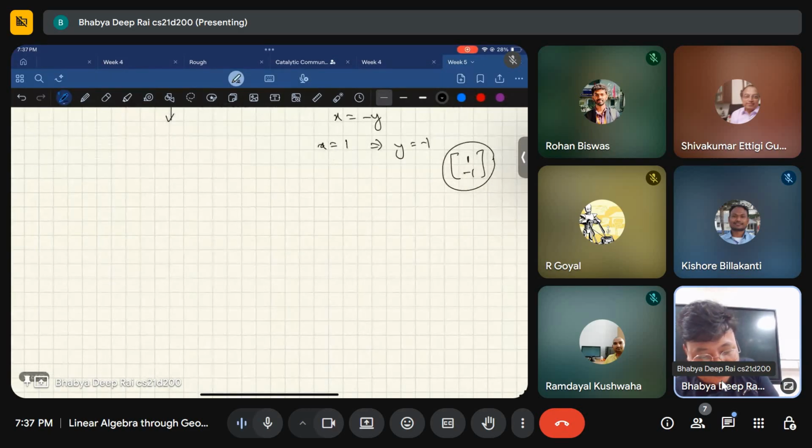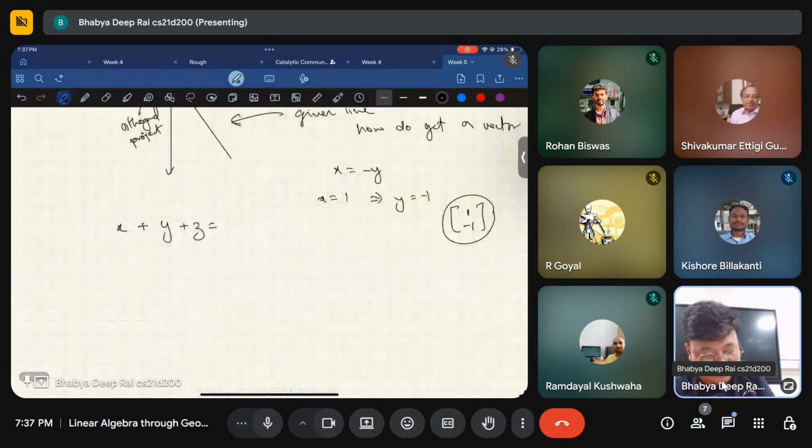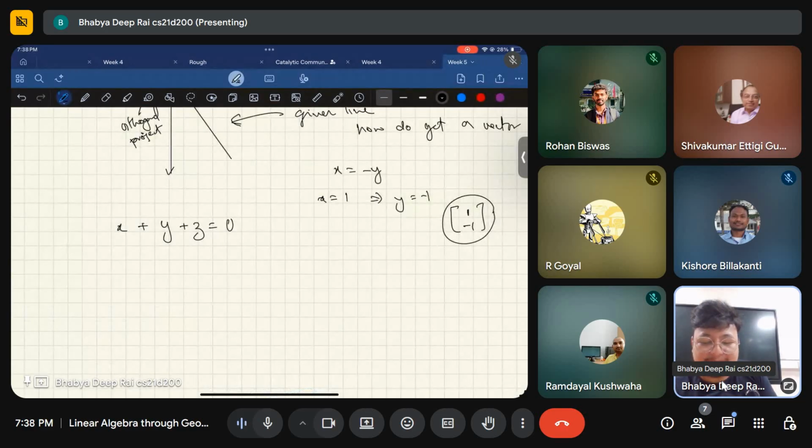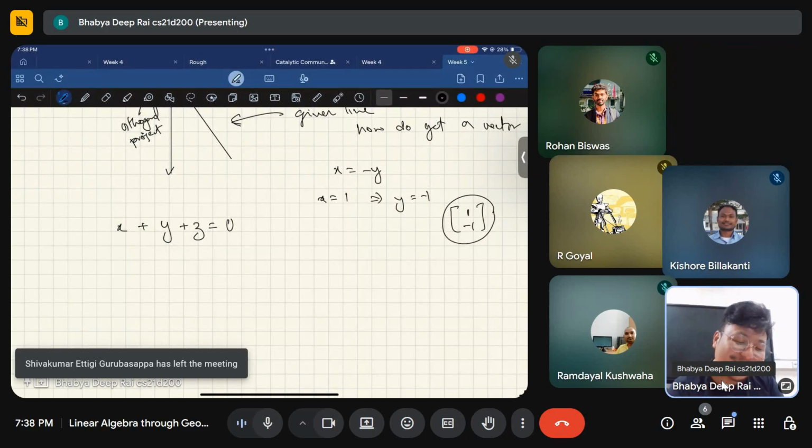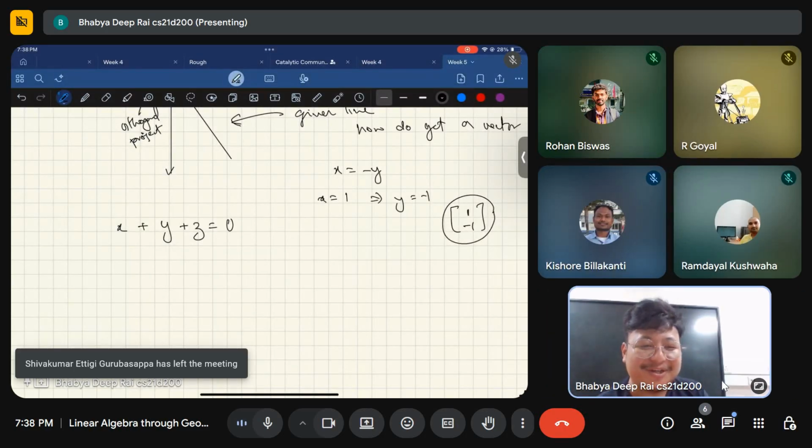But if you have a plane given as x plus y plus z equals 0, because it needs to pass through the origin, how do you get a vector corresponding to it?